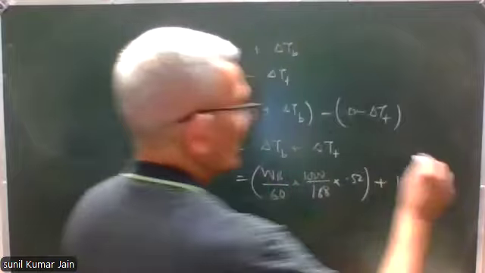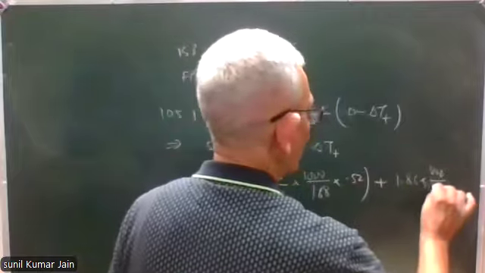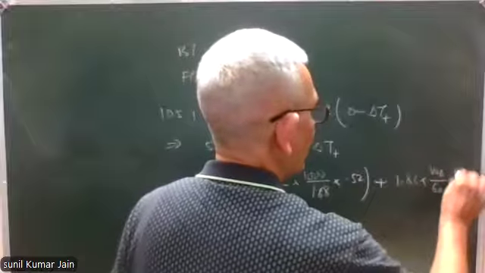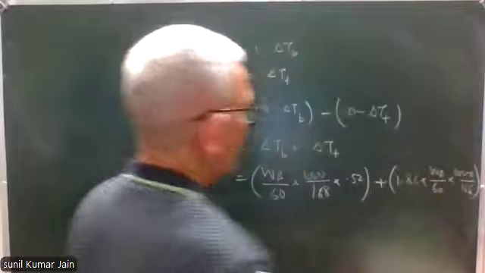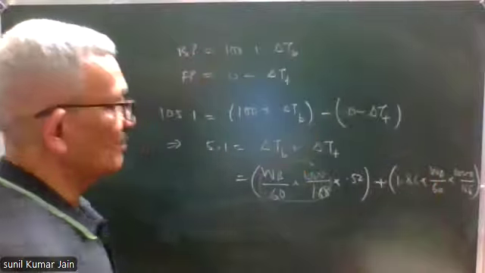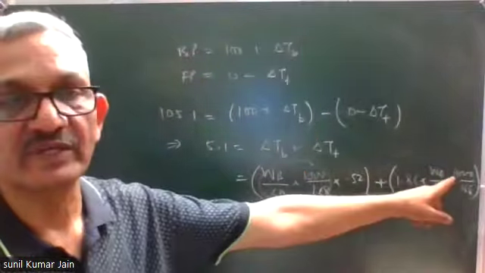Rest will be same. Wb divided by 60 into 1000 divided by 168. In fact, this part is common. You can calculate the value of Wb.